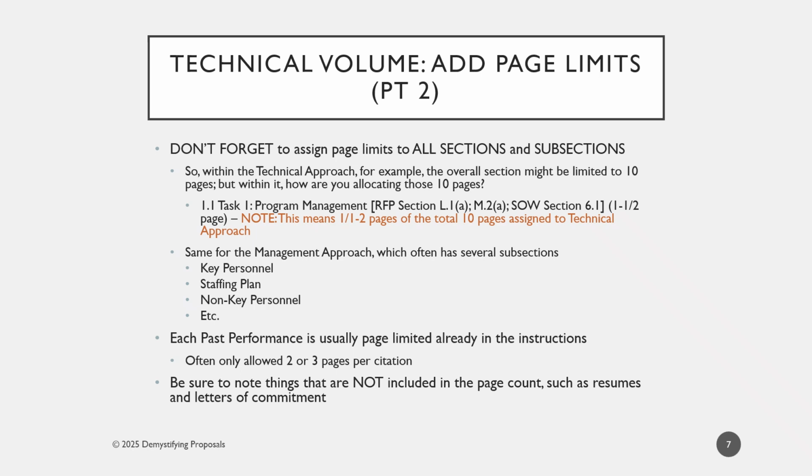So if, for example, you include your resumes within the body of the proposal and not in an appendix, then make sure that in the heading for each resume, you note that that page count doesn't count against the page count of the overall proposal. And then also make sure when you're evaluating how close you are to the page limit, that you don't count those pages against your page limit. So these are all the things that are super important when you're thinking about your page limitations for your proposal.